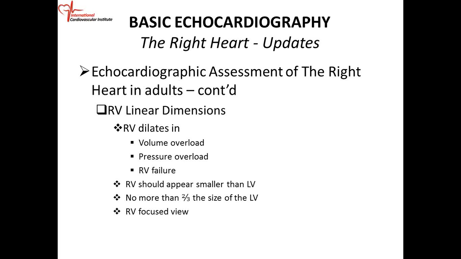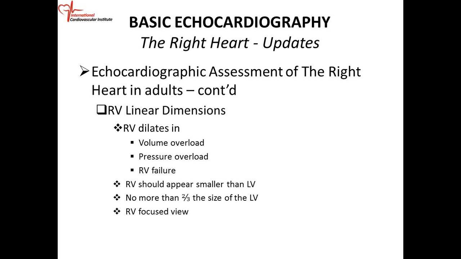It will thicken as well, and then it will dilate. And then RV failure, if you have a heart attack, which involves the right ventricular muscle, it weakens the muscle, and because the muscle is weak, it tends to dilate. So, you can get right ventricular dilatation in those scenarios.